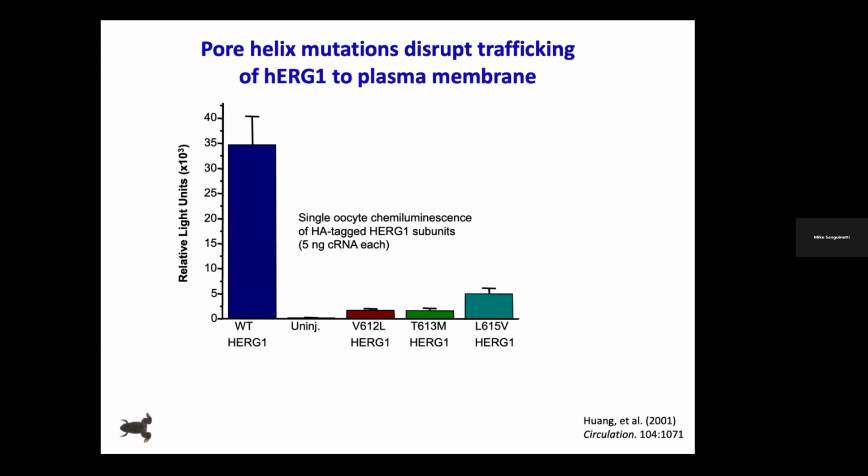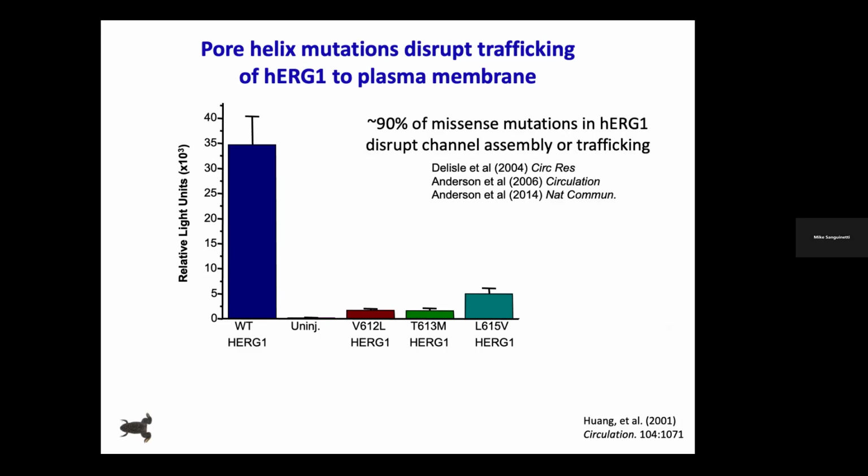The loss of function you see with expression of the mutant subunits alone is due almost entirely to defective trafficking, shown here by HA tagged constructs, where you measure how much of the protein gets to the cell surface. Here's wild type and uninjected, and you can see that with these mutant subunits, a very small proportion of the channels get to the cell surface, and that alone can explain the lack of current resulting from expression of those mutant proteins.